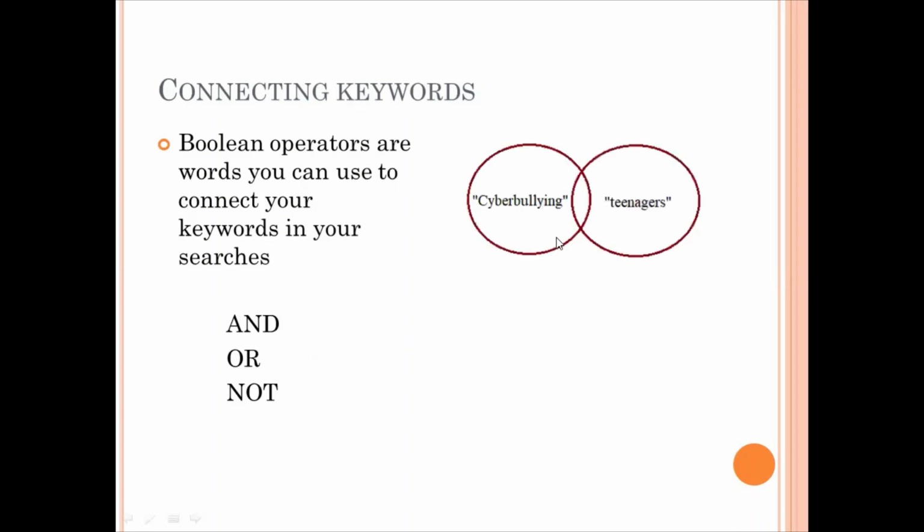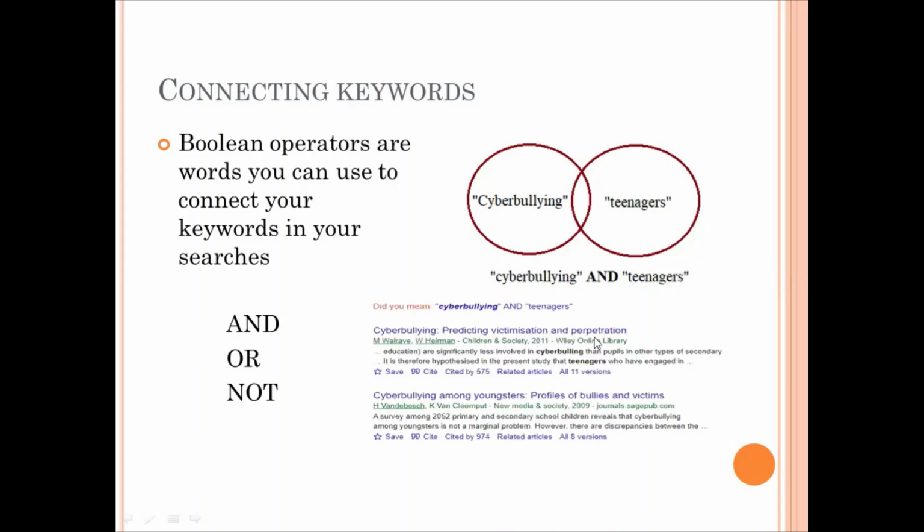Then I gave an example with cyberbullying and teenagers, the example I showed us before. I said that when I mixed them together by using AND, this is the result I got, and I realized that victimization is the word intercepting both of them. And I said teenage victimization and mental health was the next search.